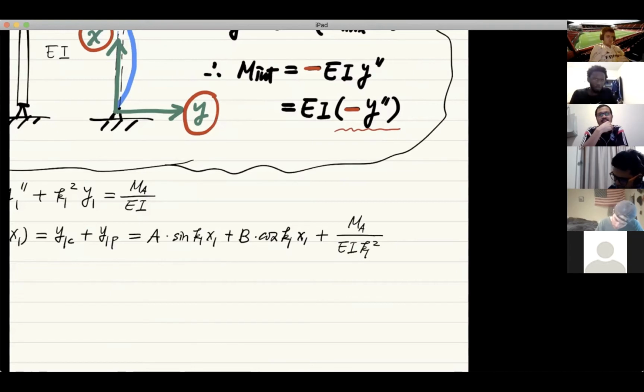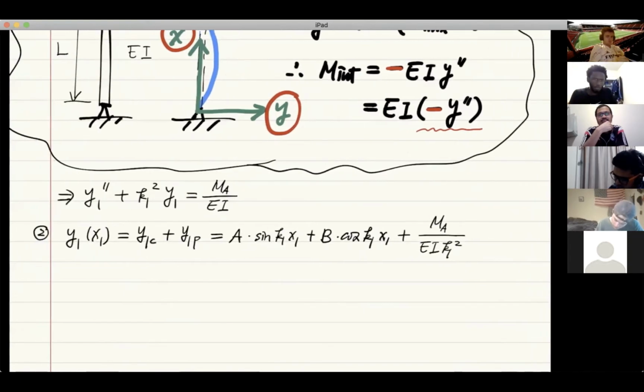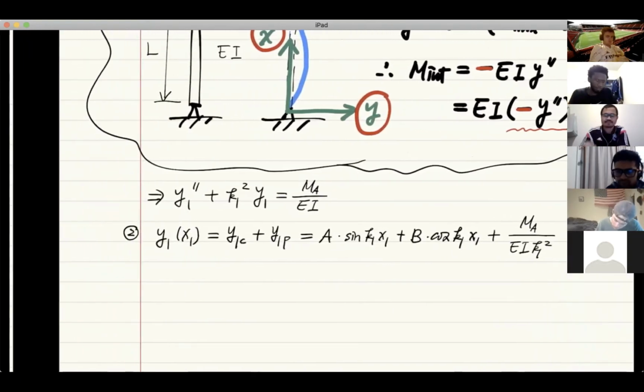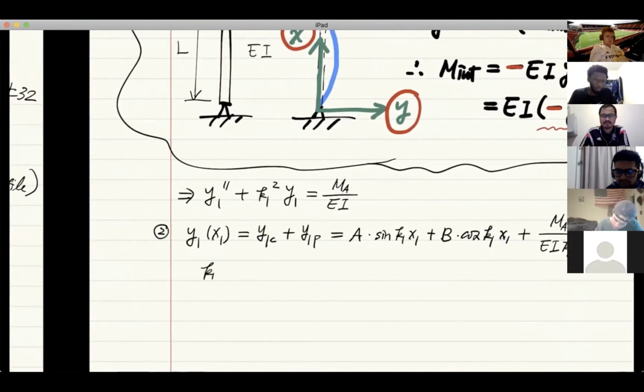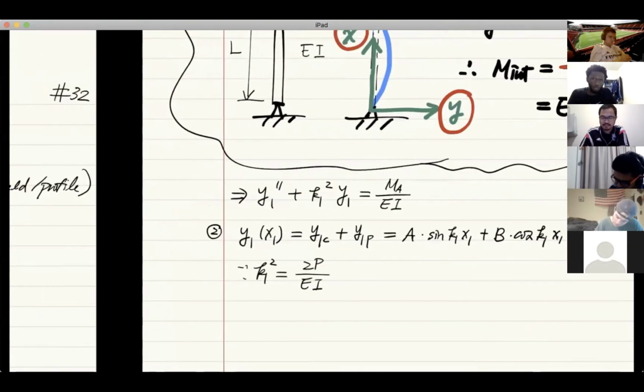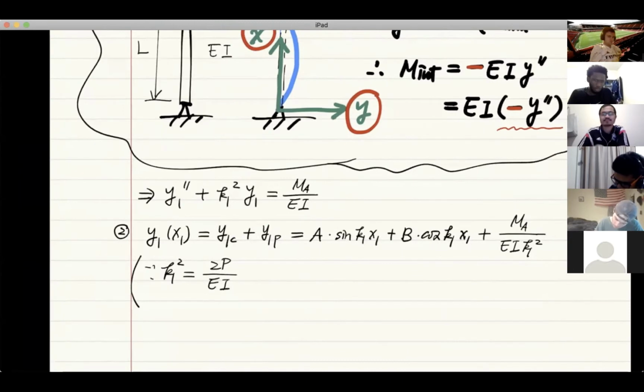Now, if you like, you can also write it differently, because k1 squared is just 2P over EI. So you can also write MA over EI over k1 squared as MA over 2P.